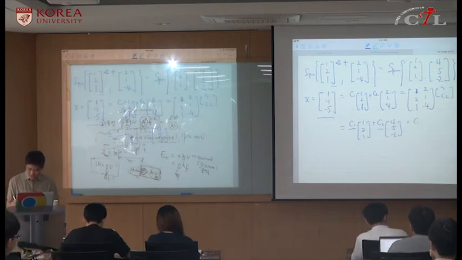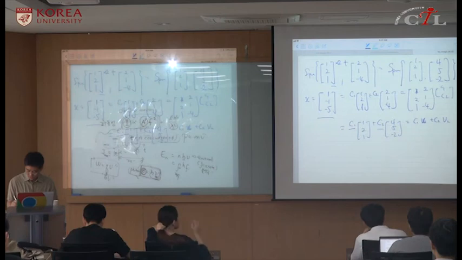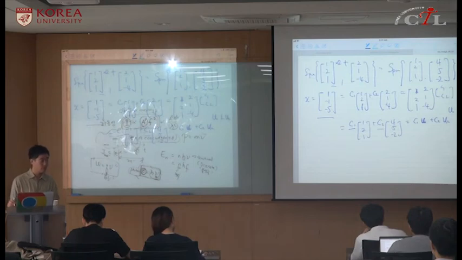So it is C1 V1 and C2 V2, and let's just call them U1 and U2, where U1 is perpendicular to U2, or the inner product between U1 and U2 is 0.